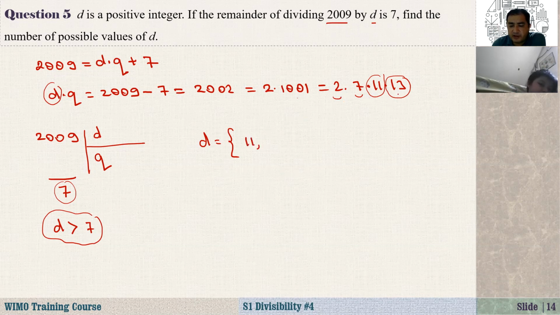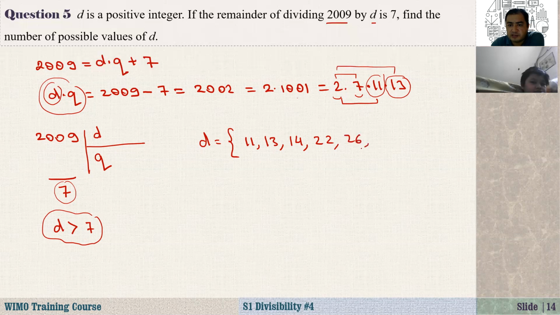The next factor is 13. Also we have products of these factors. It can be 2 times 7, which is 14. And 2 times 11, which is 22. And 2 times 13, which is 26.